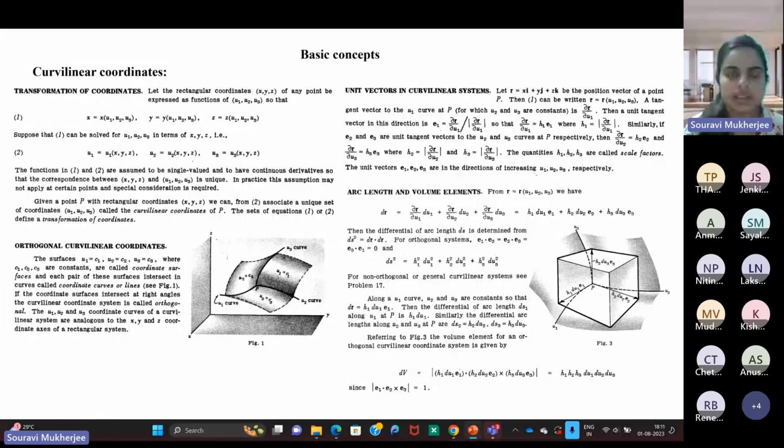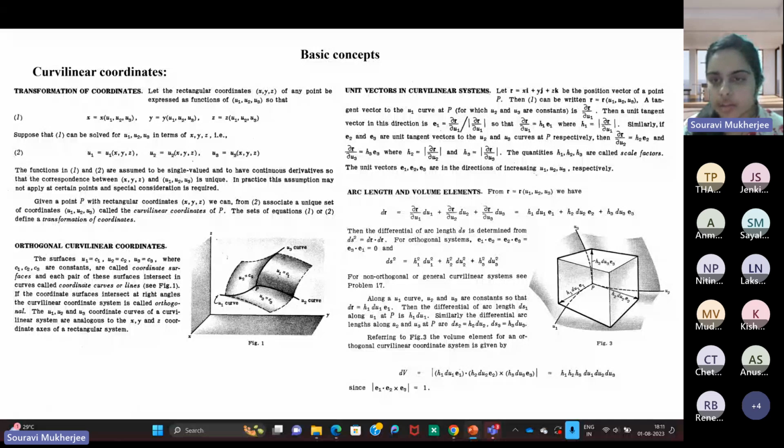To start with, suppose you have a rectangular coordinate system, given as x, y, and z. Now x, y, and z can be expressed as functions of u1, u2, u3. If you want to relate this, think of a spherical or cylindrical coordinate system, which is simpler.